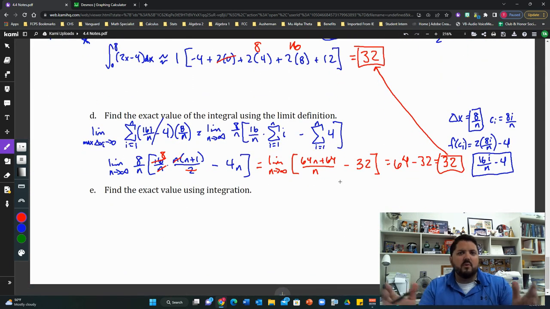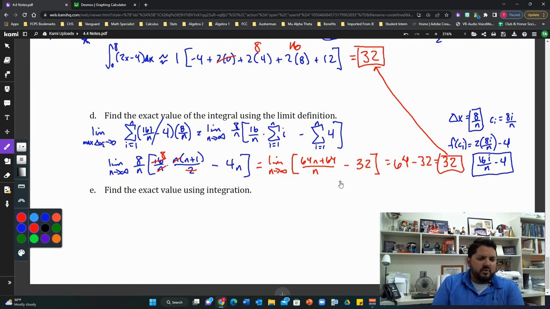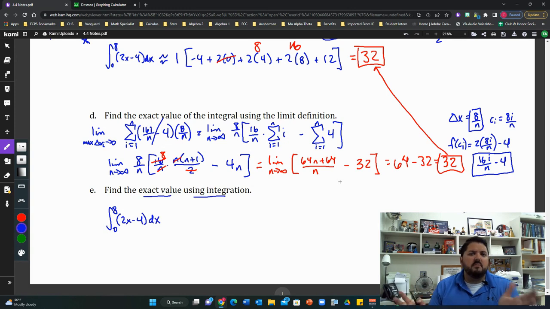So again, that's another way we can work with these area problems, using the limit definition to find the real thing. But our final thing that we've learned about these area problems is finding the exact value using integration. Well, that just means I have my definite integral, and now it's up to me to find that area any way that I want to.